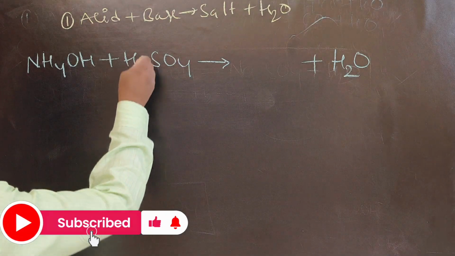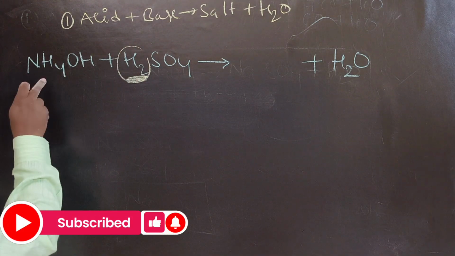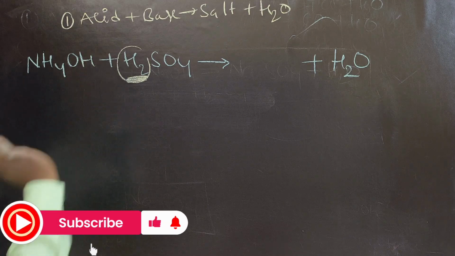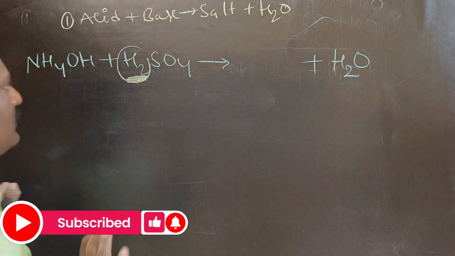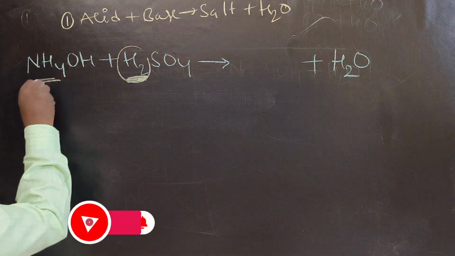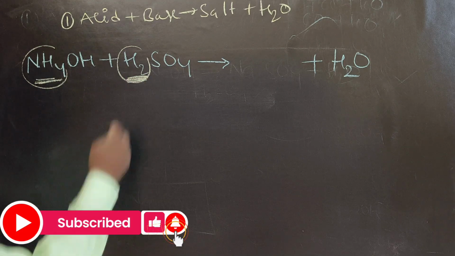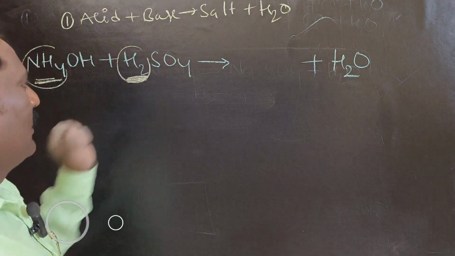In an acid, hydrogen is replaced by metal, but here all are non-metals. There is no metal. But in the case of ammonium salts, ammonium ion can combine with sulfate ions.